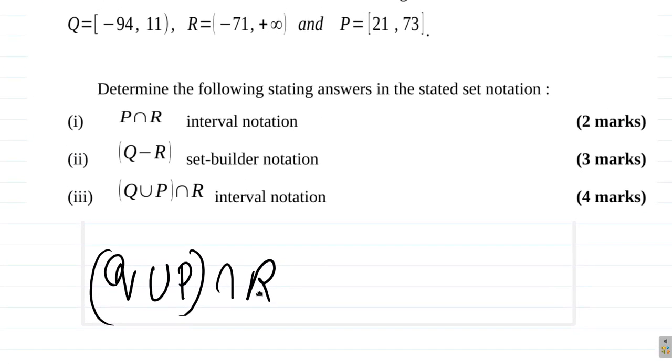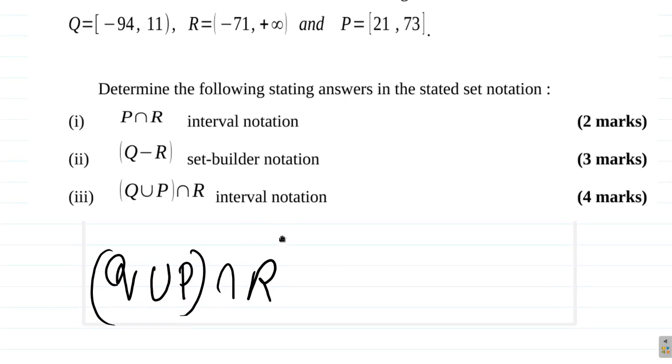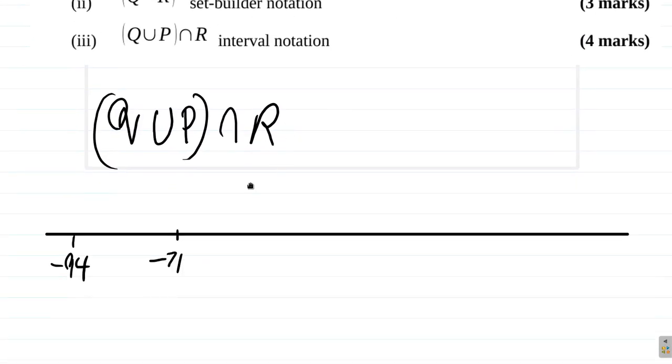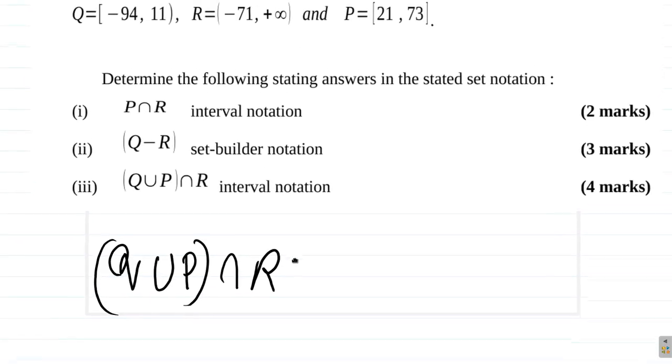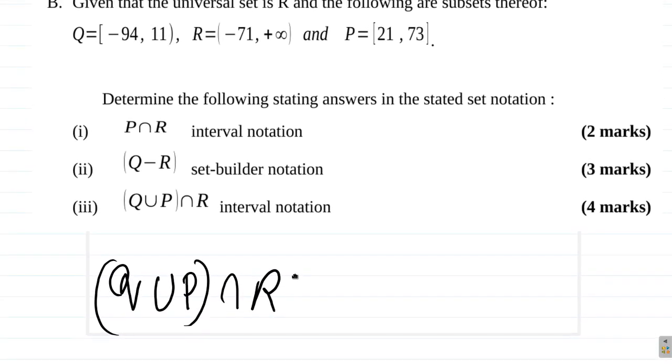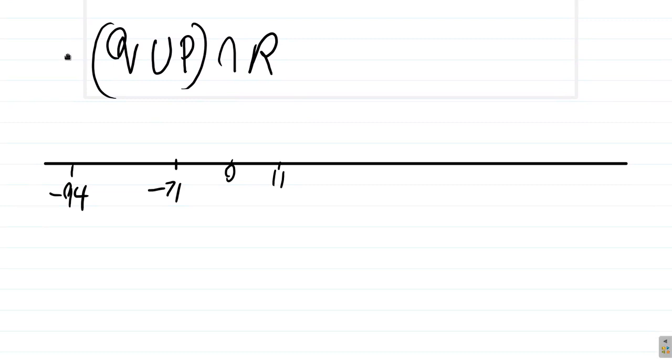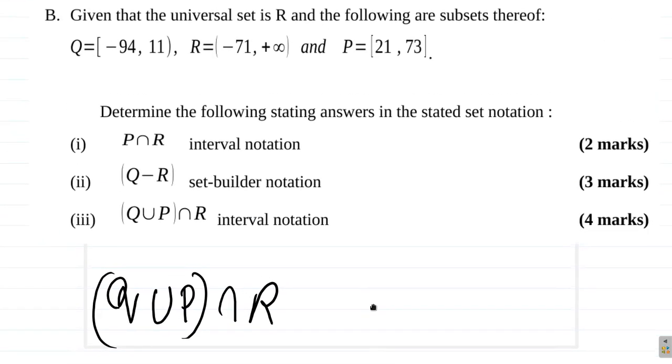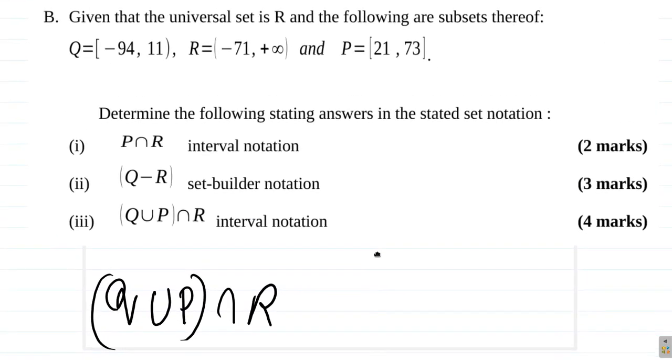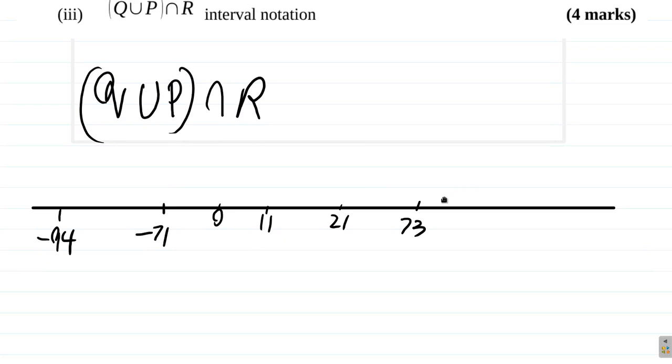Any other negative? No. 0, then positive 11. See, this is our 0, then 11. Go up to 21, 73. We have 21 here, 73 here. Remember, it's not drawn to scale, alright? And it goes to infinity.